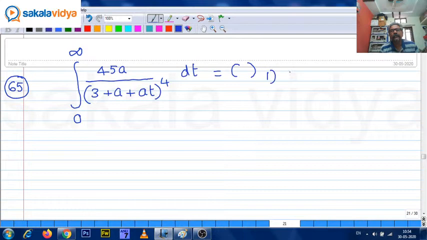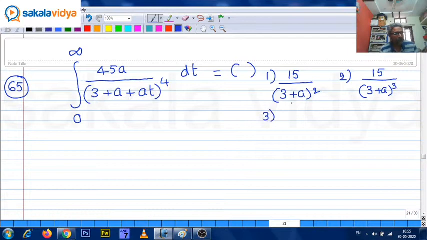First option, 15 upon (3 plus a) whole square. Second option, 15 upon (3 plus a) whole cube.